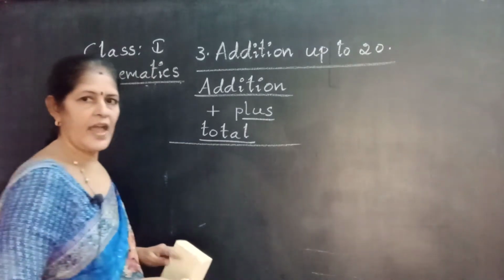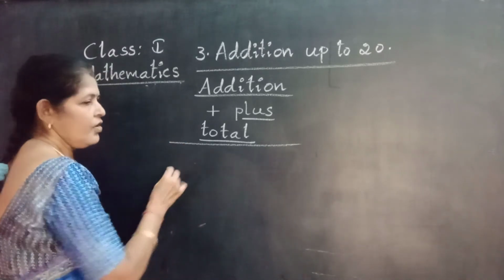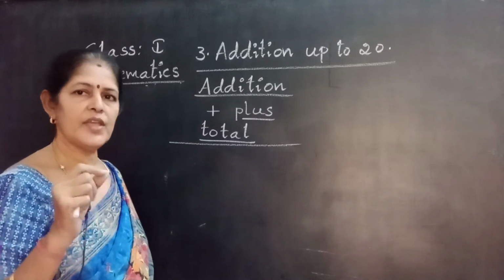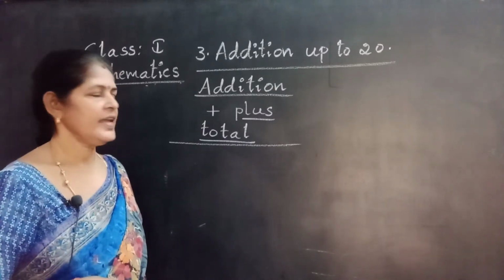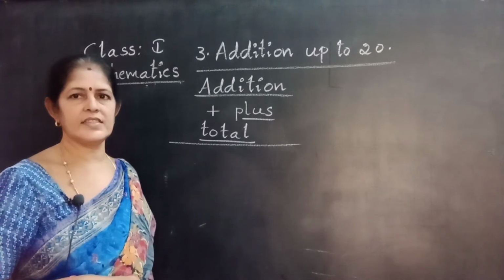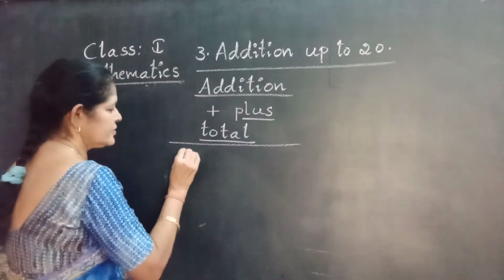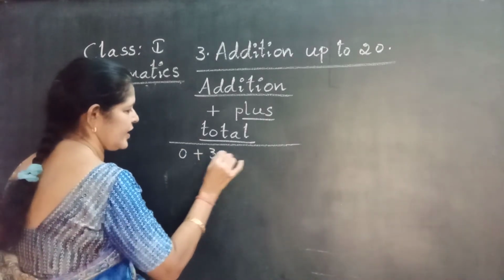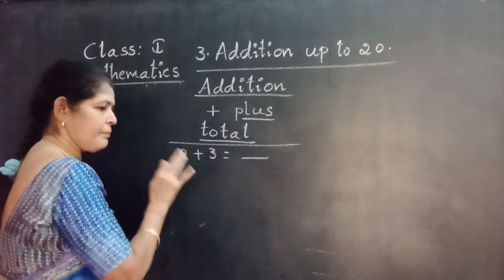Addition facts. That means rules in addition. When we add 0 to a number, we get the same number. Actually here 0 means nothing. See, 0 plus 3. Yes, 0 means nothing, that is an empty place.